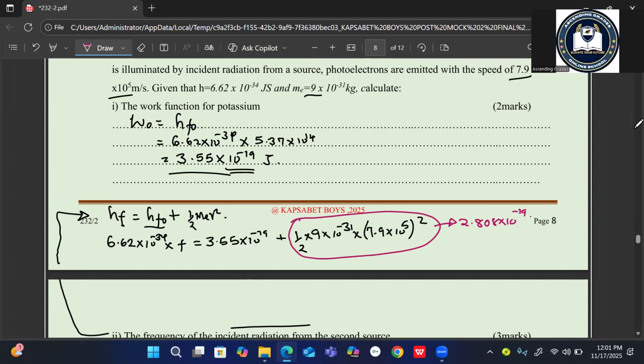Therefore, I can say my 6.62 times 10 raised to power negative 34 times f is equal to 3.55 times 10 raised to power negative 19 plus 2.808 times 10 raised to power negative 19.